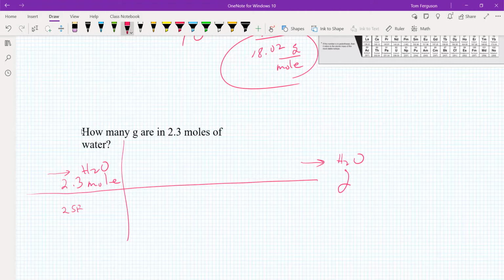All right, do we have a conversion factor that has moles and grams in it? Yes, we do. It's called the molar mass. Okay, so the molar mass is grams per mole or moles per gram. Which are we going to use? Grams over moles or moles over grams? Which do you think we're going to use?